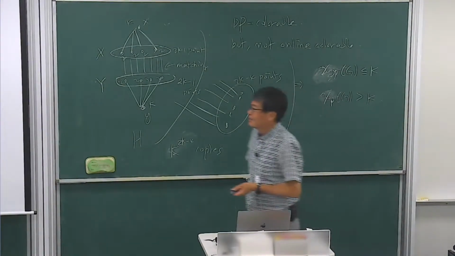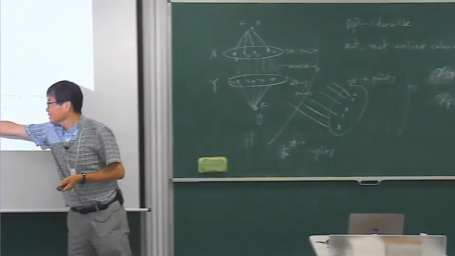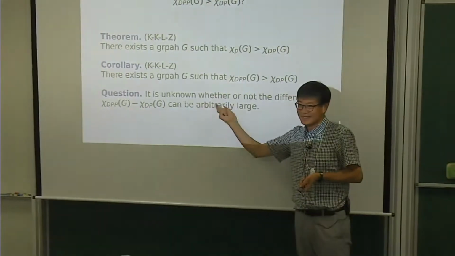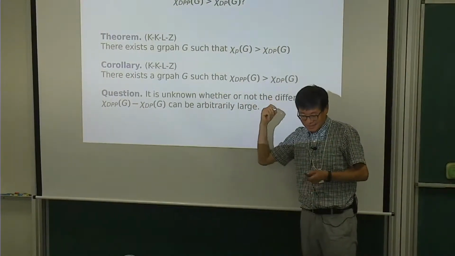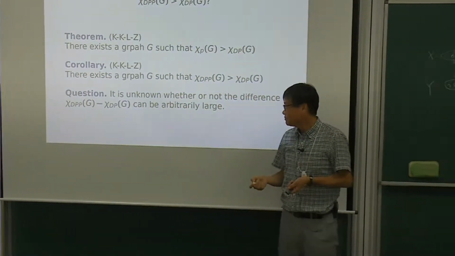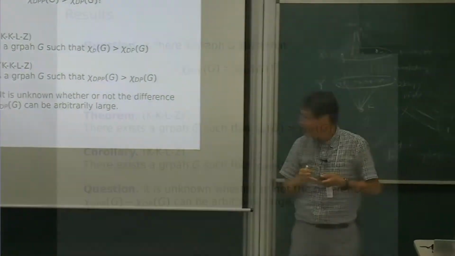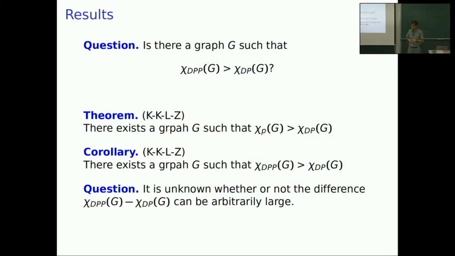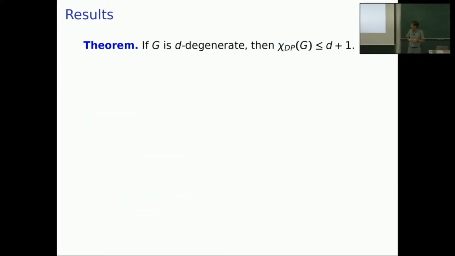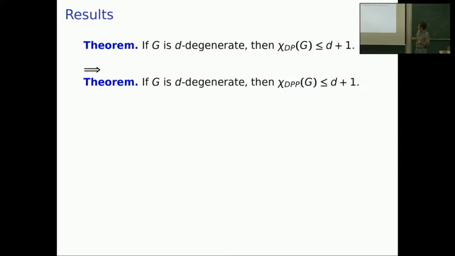Okay. I think the answer to this question is very interesting. But I'm not sure. I think the gap is not arbitrarily large. And then for the degenerate concept, the DP-chromatic number is at most M mod D plus 1.